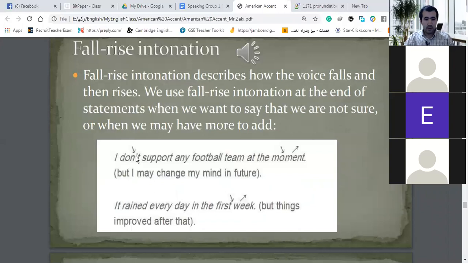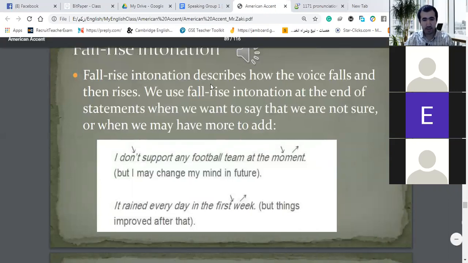So I don't support any football team at the moment. Moment. Okay. So the word moment has falling intonation and then rising intonation.